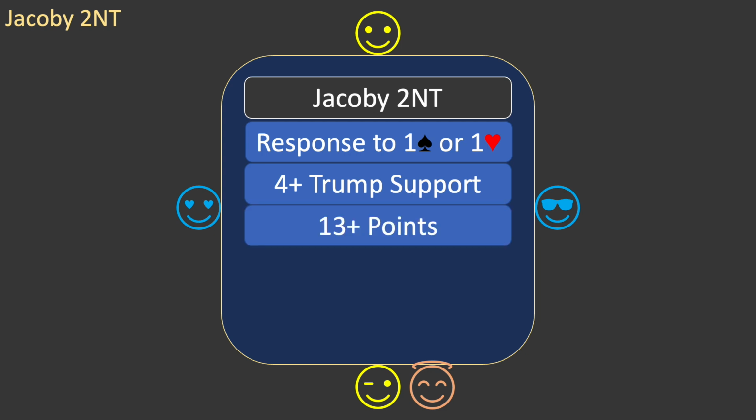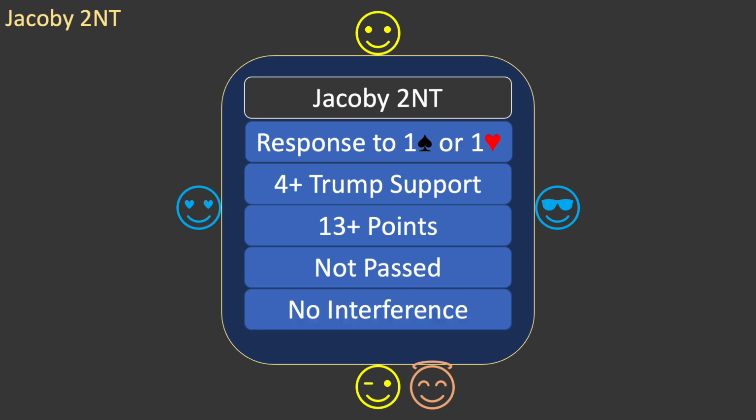Third, you need 13 or more points. Fourth, you must not have passed prior to this bid. And finally, your opponents must not have interfered by bidding or doubling. If you meet all these requirements, then you should bid 2NT. This bid is artificial and conveys all the relevant information.